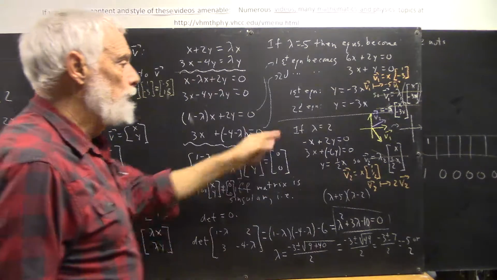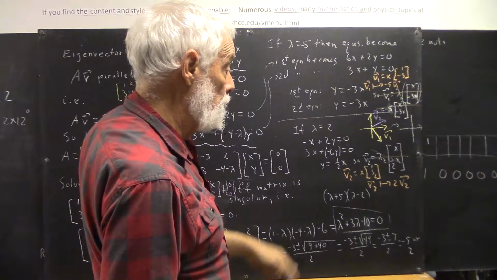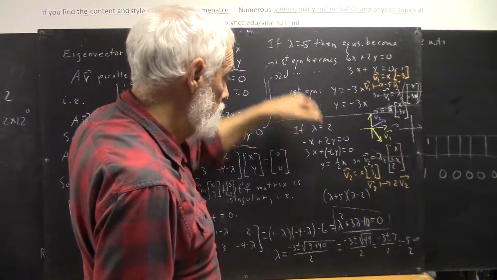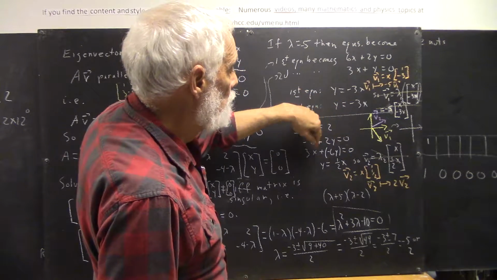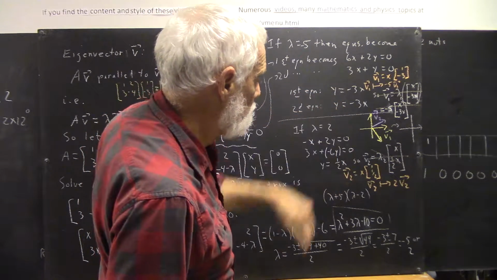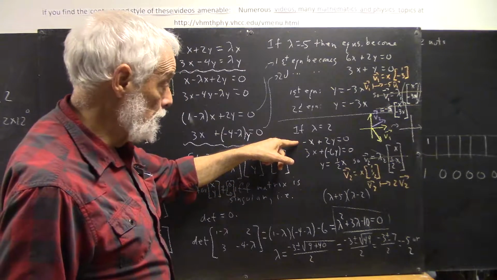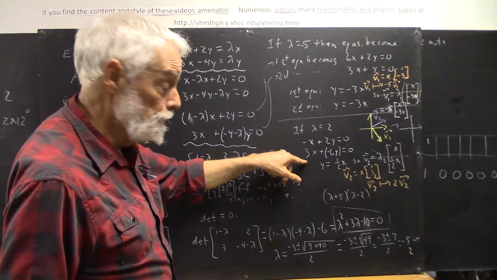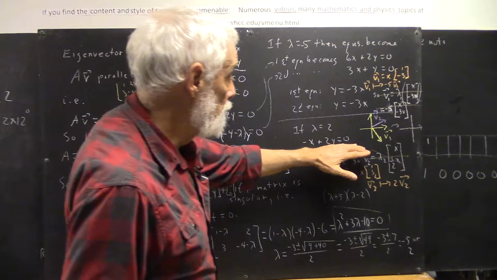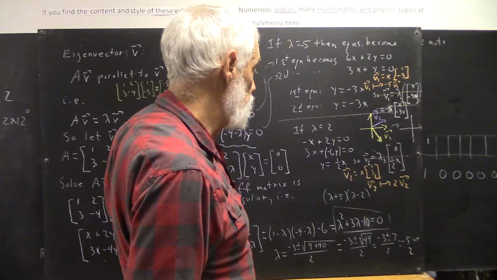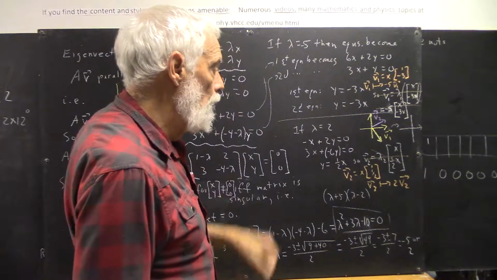If lambda is 2, the second eigenvalue, we can do the same thing, and our equations become negative x plus 2y equals 0, 3x plus negative 6y equals 0. This equation is negative 3 times this equation. Negative 3 times negative x is 3x. Negative 3 times 2y is negative 6y. So any solution to one equation is a solution to the other, and if we solve for y, we get y equals 1/2 x.